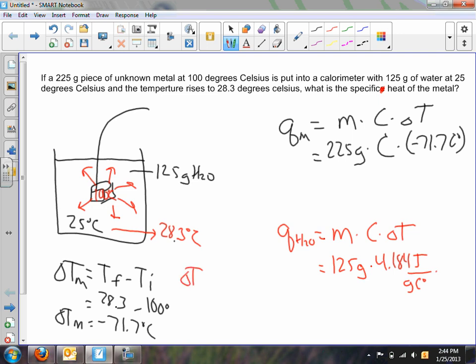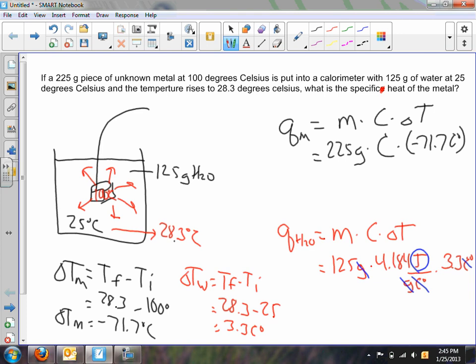Well, the change in temperature of the water is final minus initial. The water's temperature ended at 28.3 degrees and started at 25, so its change was 3.3 Celsius degrees. That goes right over here, 3.3 Celsius degrees.